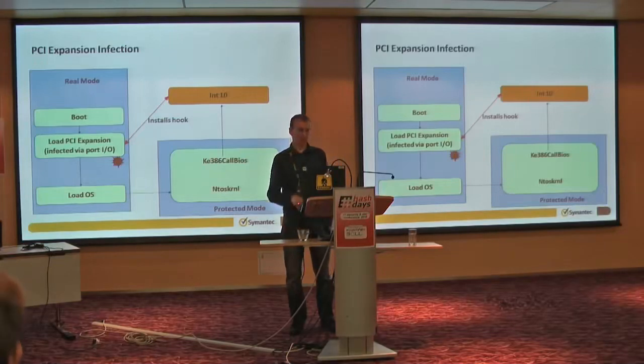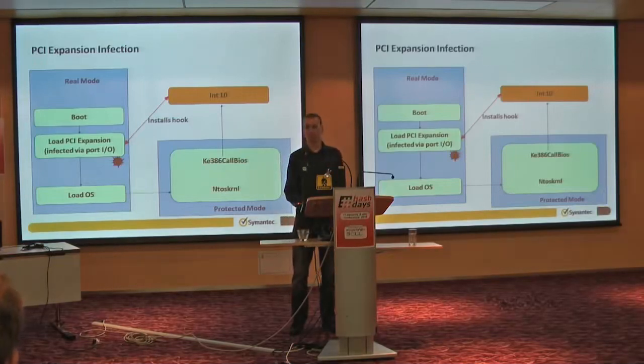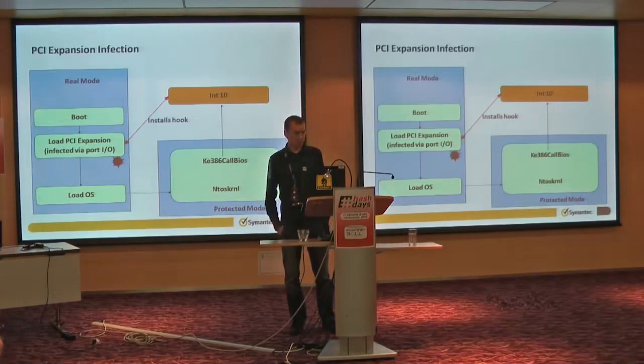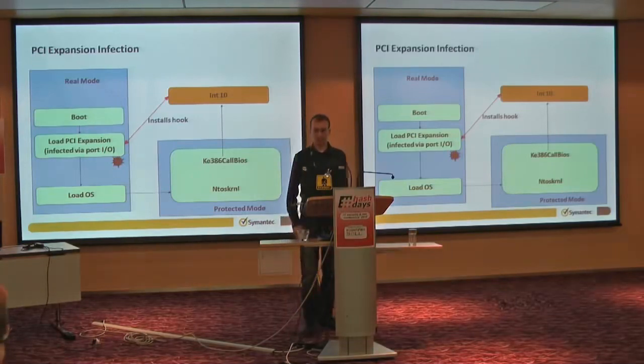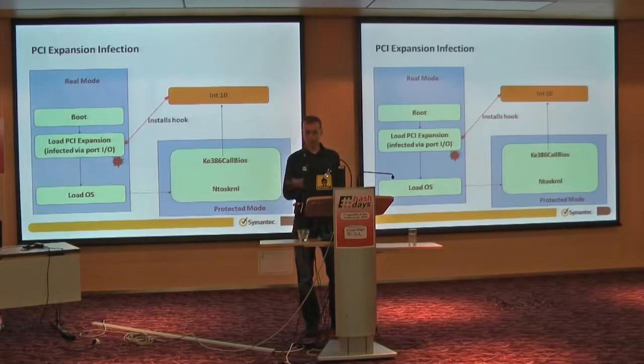These expansion blocks are loaded very early in the booting process, even before the BIOS. So in the proof of concept we have seen, also from Heasman, if I recall well, the code was infecting the PCI expansion block and was just installing a hook on the interrupt.